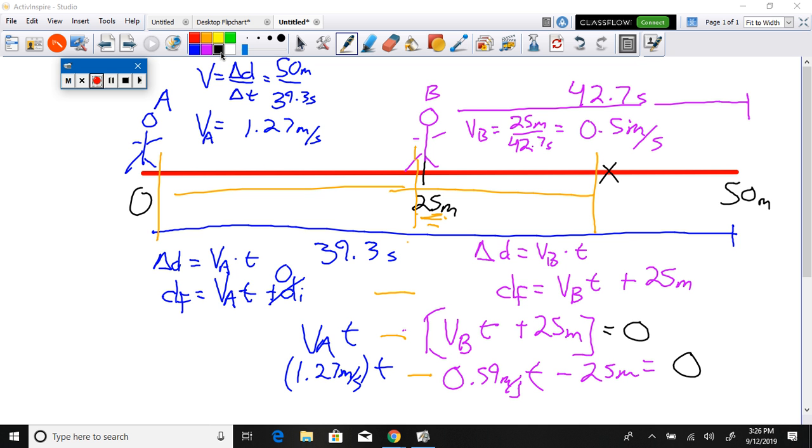So we're going to subtract these two like terms here.